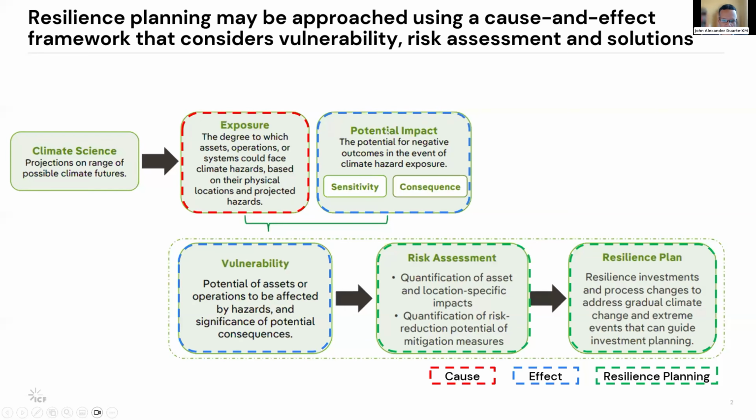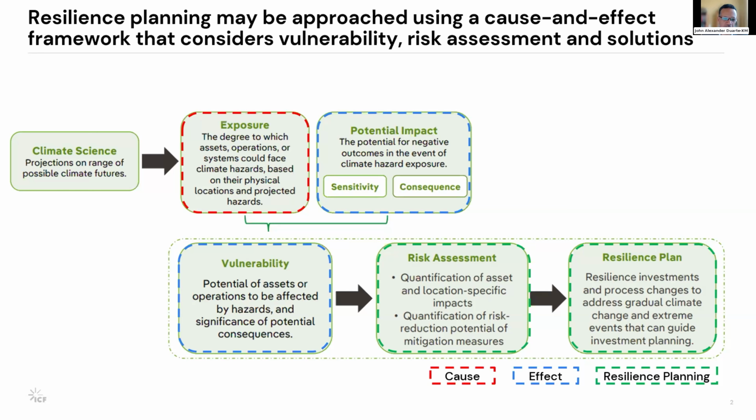And then the impact, and the impact has two dimensions. So the impact really is the potential for a negative outcome once exposed. And the two dimensions there are sensitivity, and sensitivity really is the likelihood that that asset isn't going to perform as designed when exposed. And consequence is just that. It is what happens when that asset fails to perform as designed.